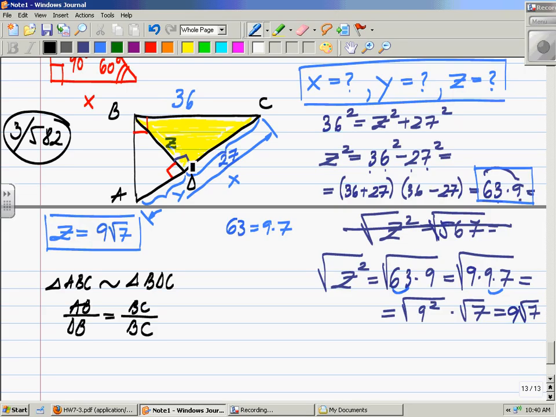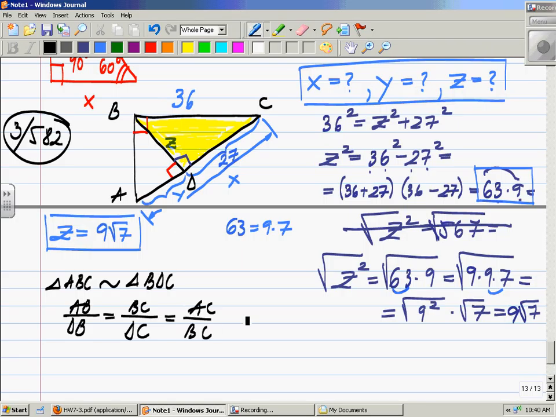BDC, because D is the 90-degree angle in that one. Okay, so I have AB over BD, which is fine. BC over DC equals AC over BC.